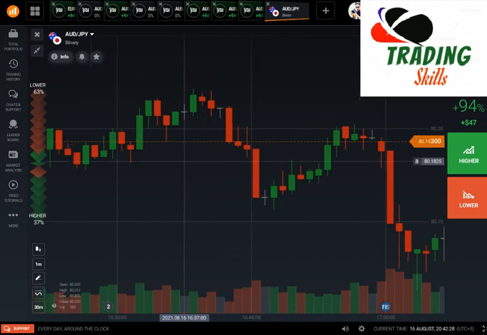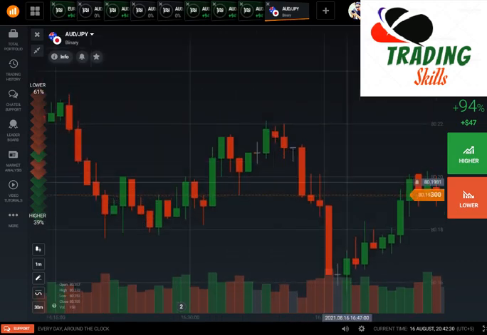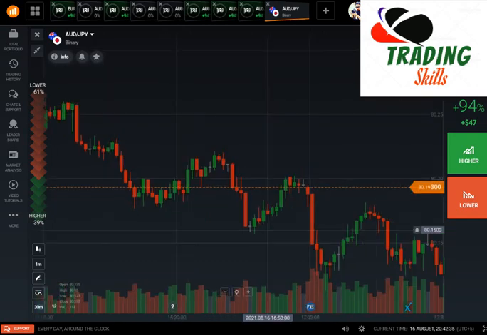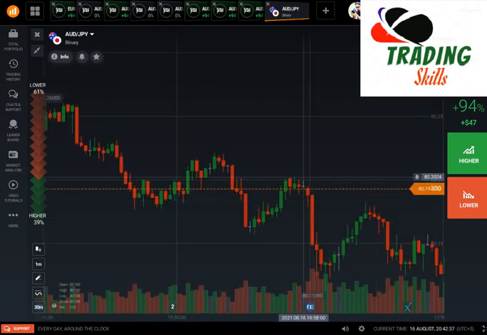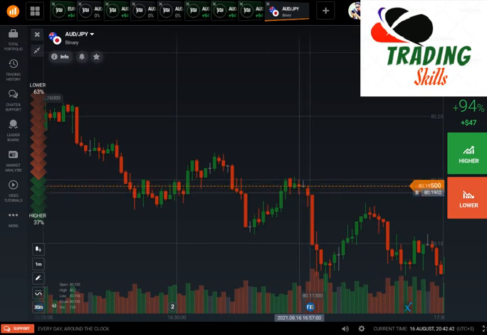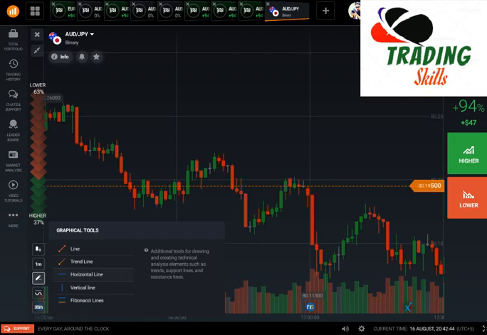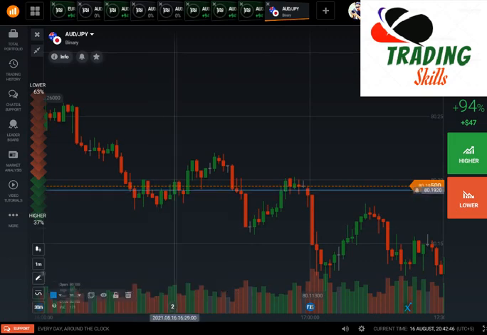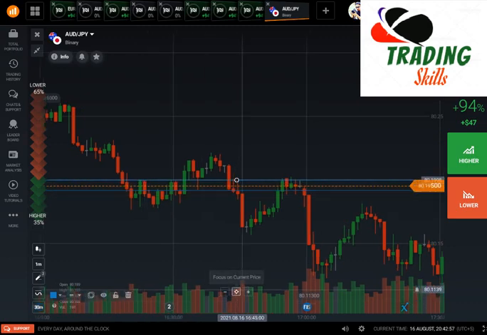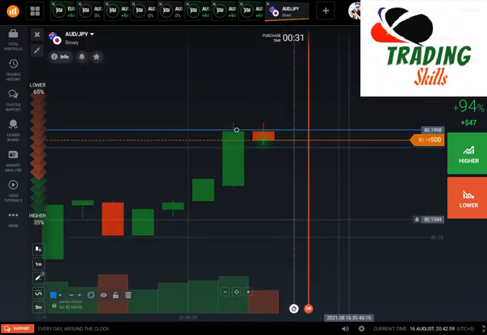Okay, so my next reversal point will be this one, otherwise the market will continue. Okay, and the next level is here, this level, so I need to wait.